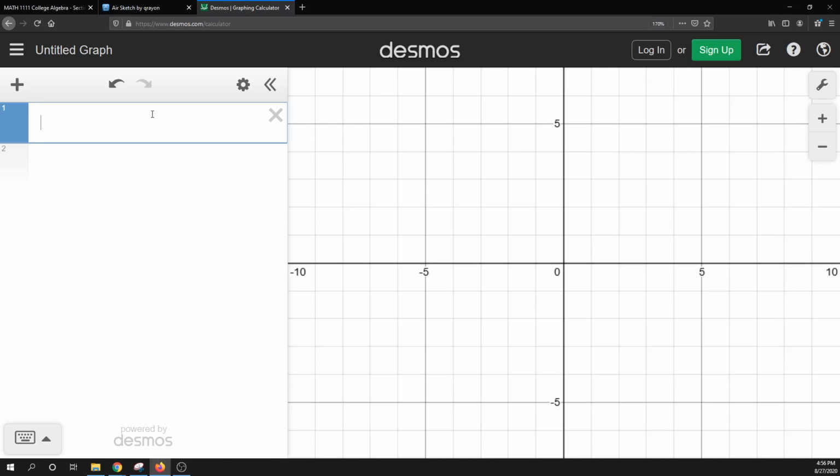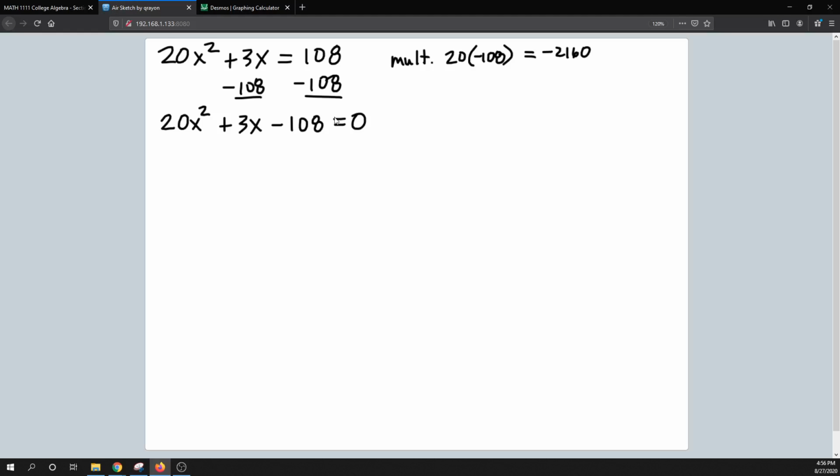So I get minus 2160. Okay. So I'm looking for two numbers that multiply to give me negative 2,160, and that add up to give me positive 3.